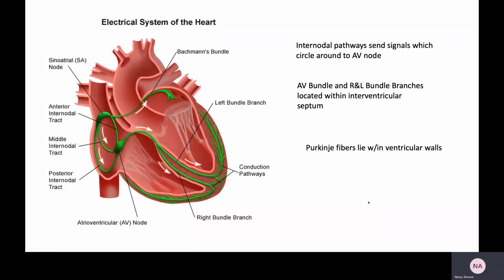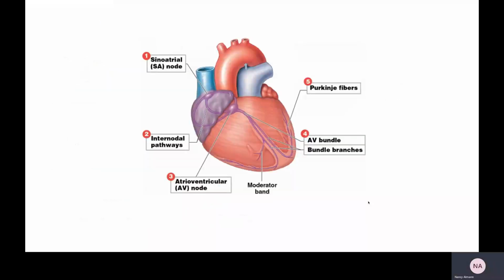So, as a reminder, the bundle branches are going to run in the interventricular septum, and the Purkinje fibers will be in the myocardial walls of the ventricles. Just another image. It shows you what's going on for reinforcement.